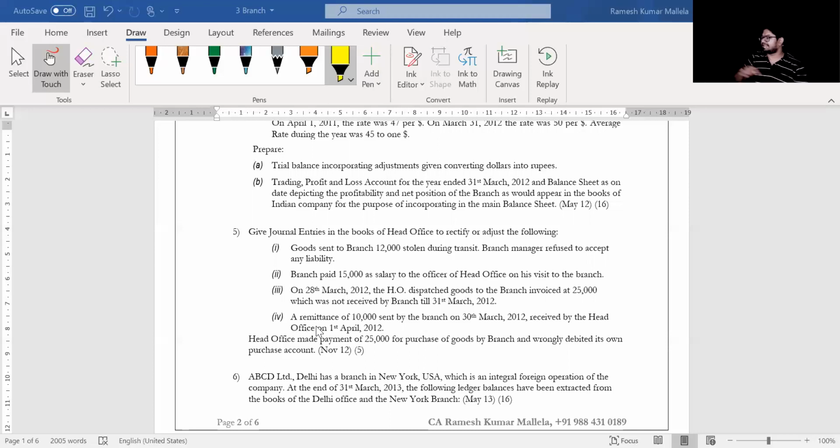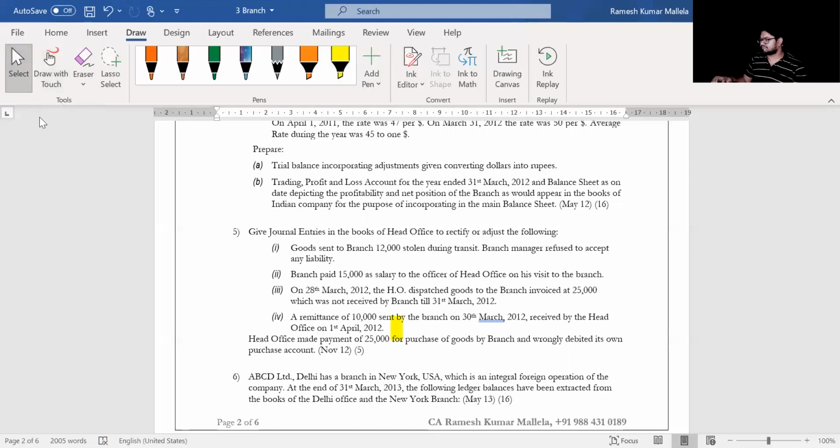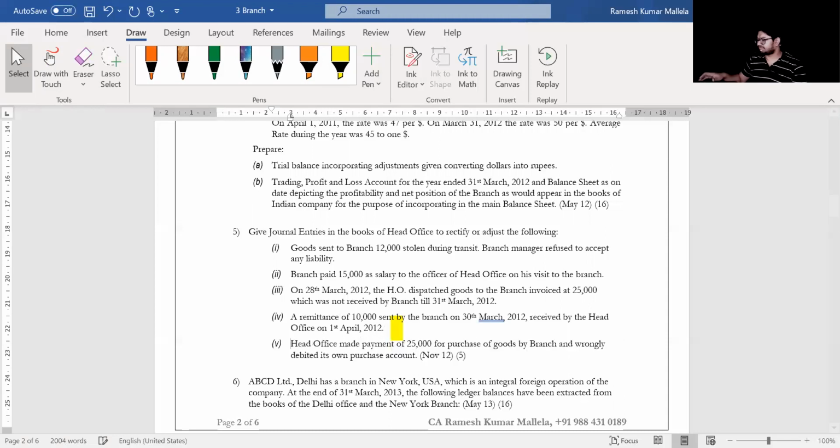Next, fourth item, please see. A remittance of 10,000 by the branch on 30th of March 2012, received by the head office on 1st April 2012. Now what is he trying to say? Branch transferred money to me. I did not receive. So what will I record?